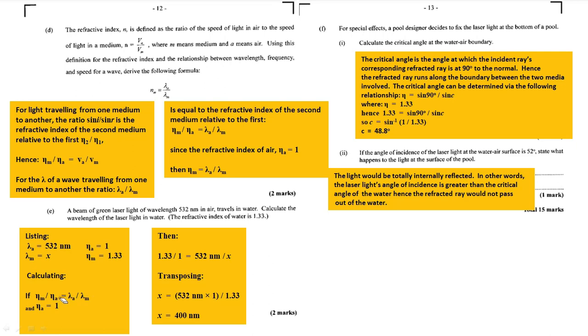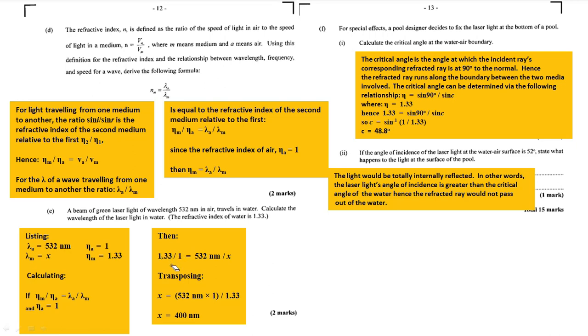So using the relationship, we know that the refractive index of medium 2 divided by the refractive index of medium 1 is equal to the wavelength of green light in medium 1 divided by the wavelength of light in medium 2. Seeing as the refractive index of air is 1, we have Nm, the refractive index of medium 2, equal to lambda A divided by lambda M. This is the wavelength of the light in air divided by the wavelength of the light in the medium.